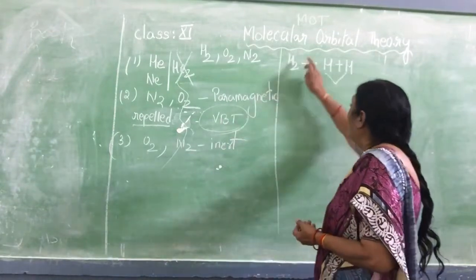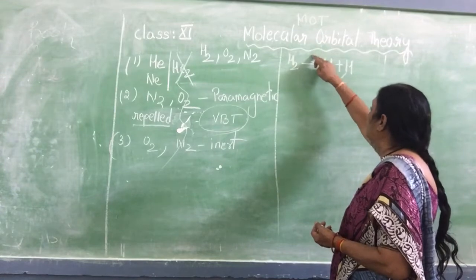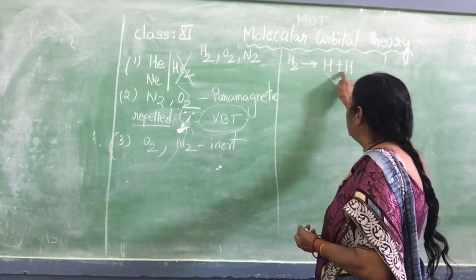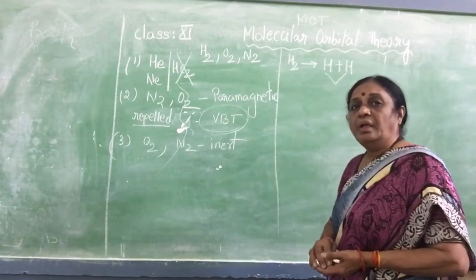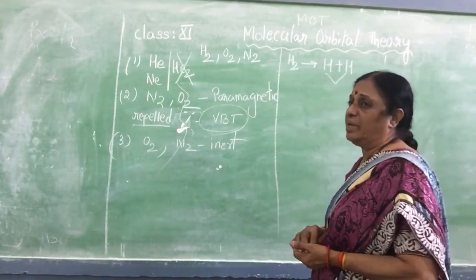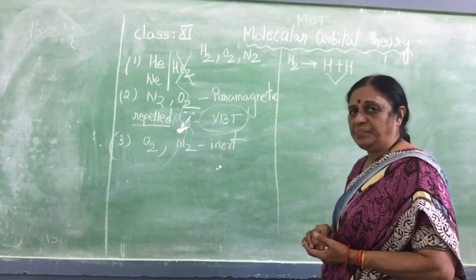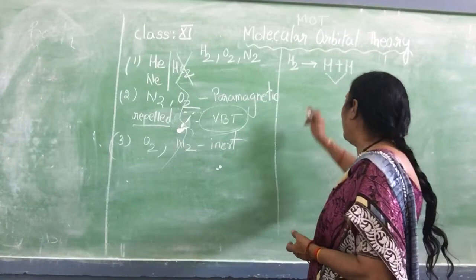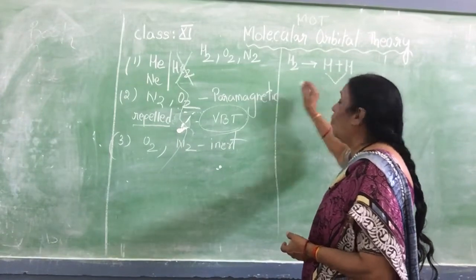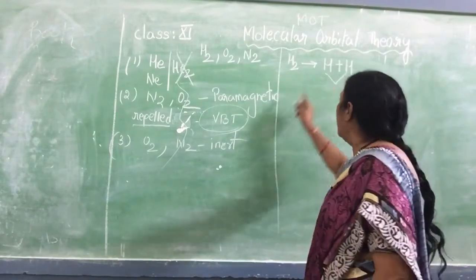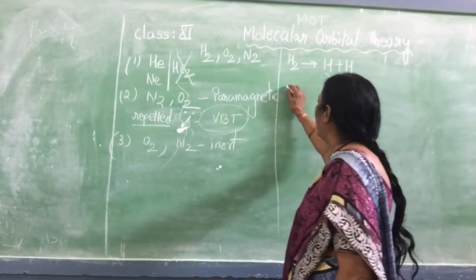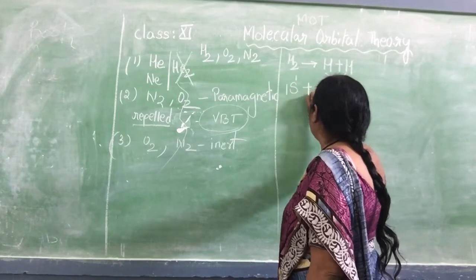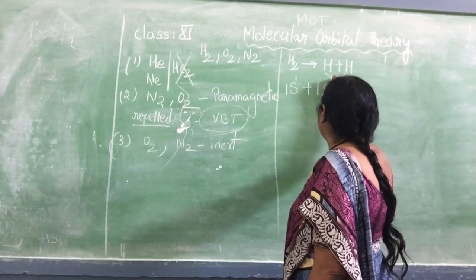But according to the MOT, molecular orbital theory, when two atoms combine together, the atomic orbitals combine together to form molecular orbitals. You know, I think, students, what atomic orbitals are. Now hydrogen is having atomic number 1, the electronic configuration 1s1 of one atom, 1s1 of another atom.